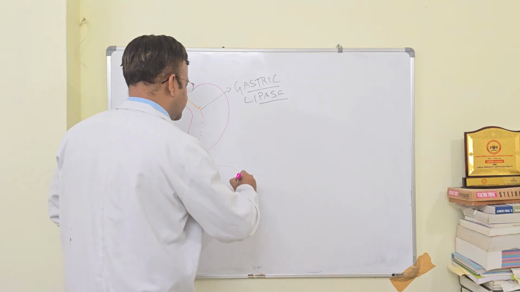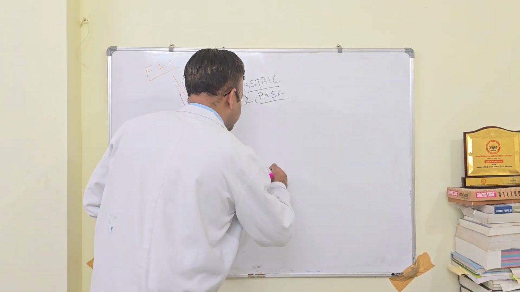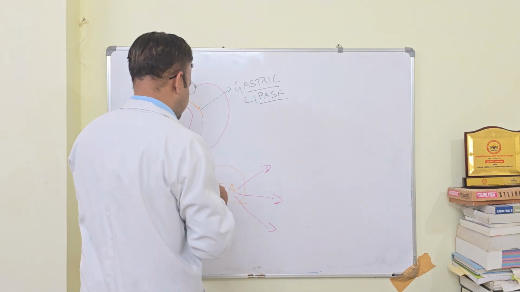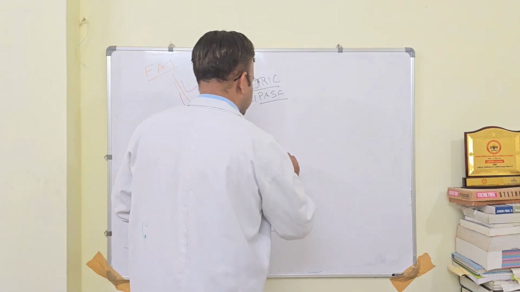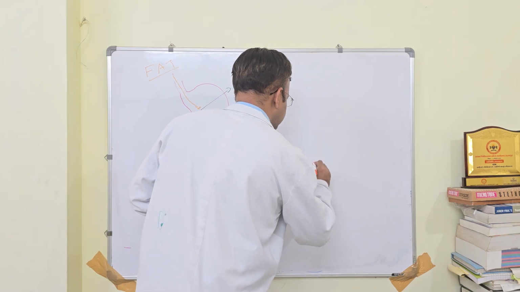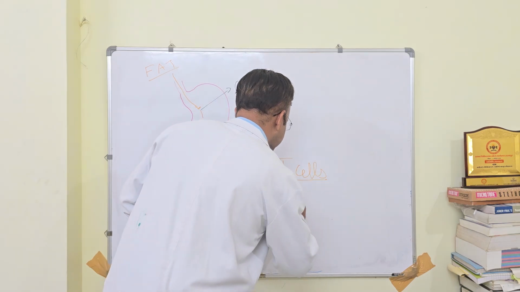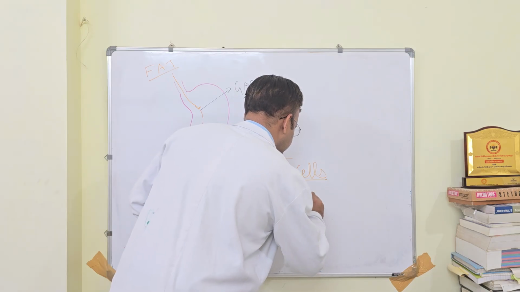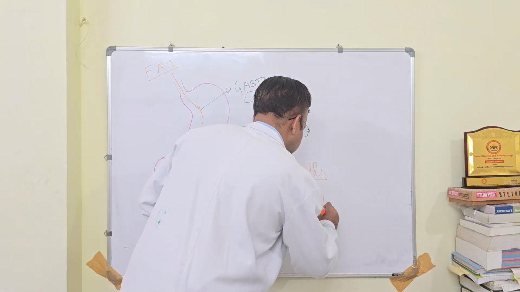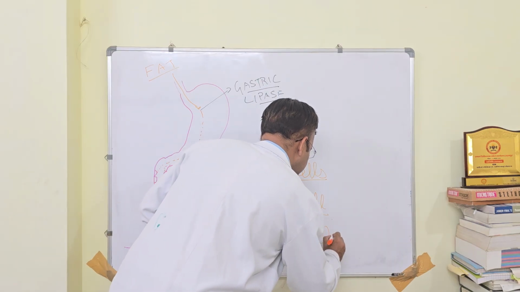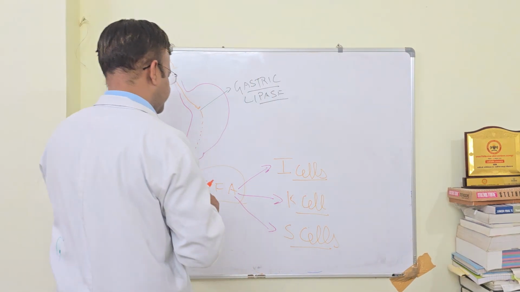Which is going to in turn stimulate three types of cells, right? What are those cells? I cells, K cells, and S cells, right?